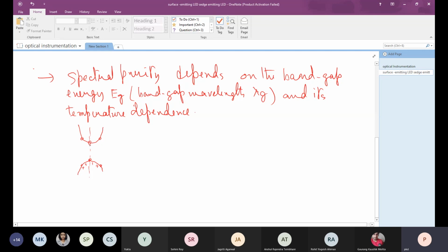Now due to temperature, what will happen? The dimension will change. So this position will shift and it can therefore allow a certain amount of uncertainty around this wave vector K. So that usually depends on the temperature and is represented by a factor k subscript capital B into T. T is temperature in degrees Kelvin.